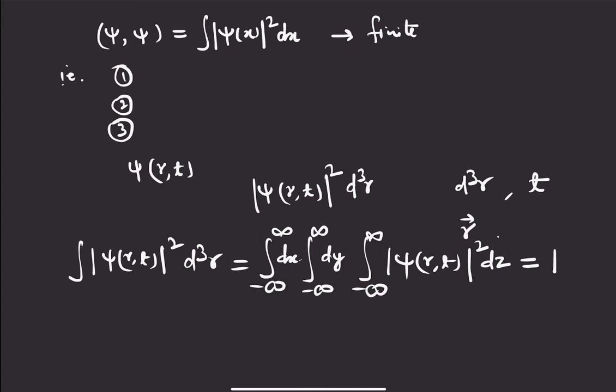Hence, the wave functions of quantum mechanics are square integrable, as the integral of |psi(r, t)|^2 gives a finite value. That is, the integral of this wave function gives a finite value and doesn't diverge. Therefore, it is a good example of a square integrable function.